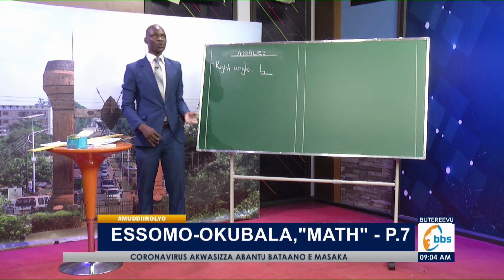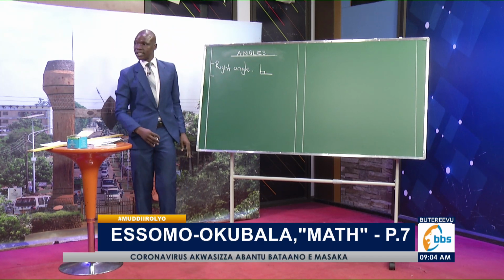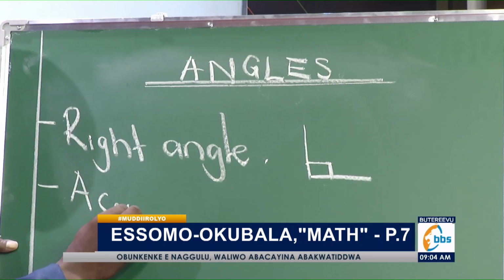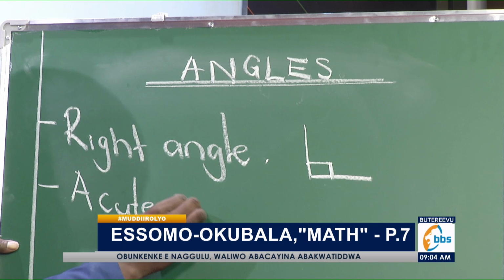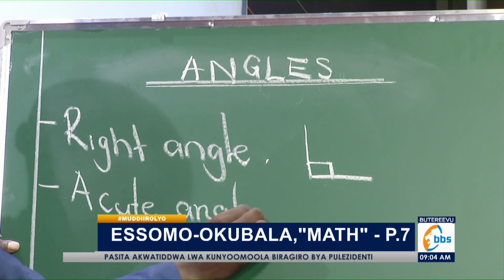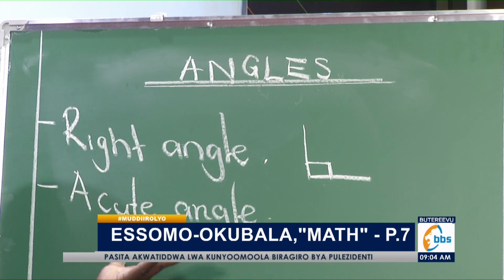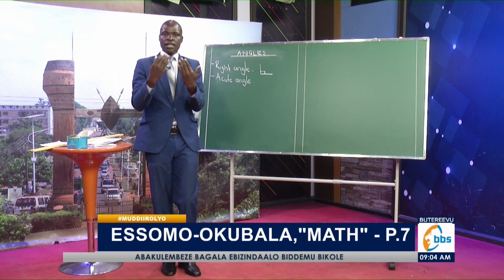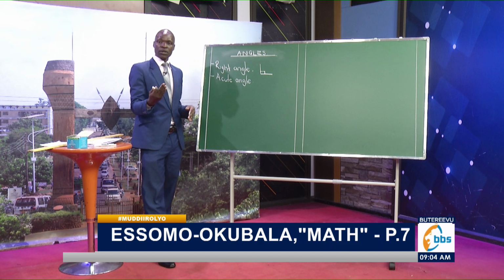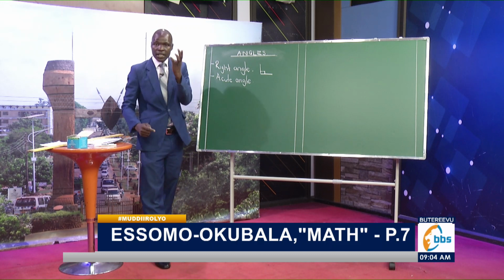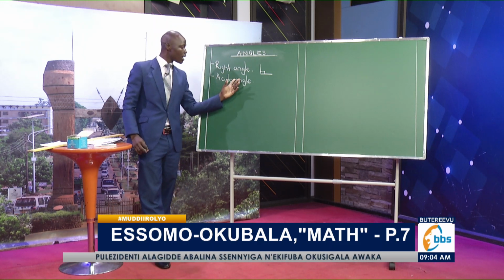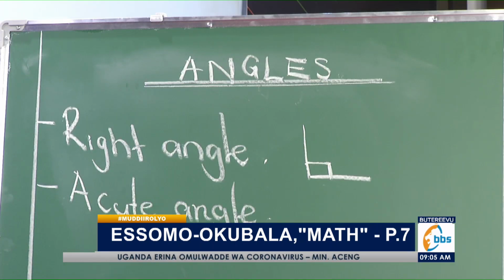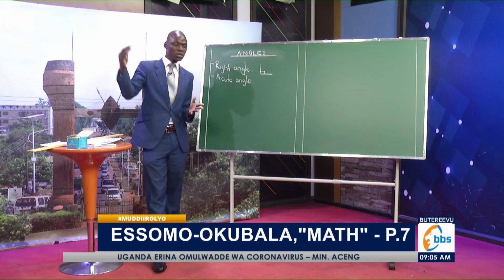Other types of angles, we have angles like acute. An acute angle is an angle which is less than 90 degrees. For instance, 1 degree, 2 degrees, 3 degrees, up to 8 or 9 degrees.